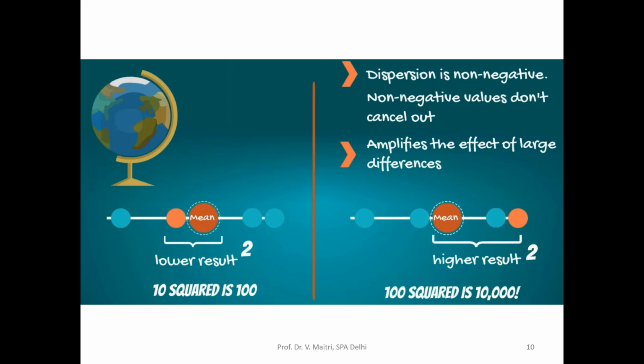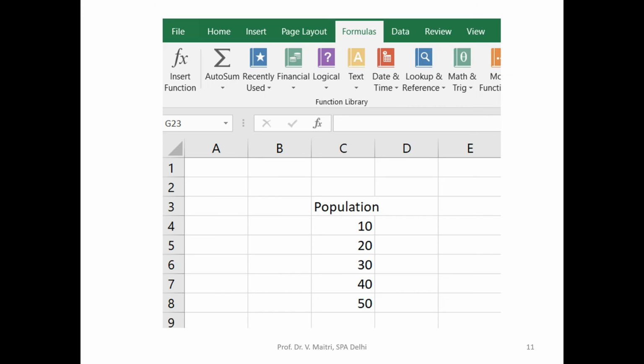With deviations, you have seen that some values cancel each other, but when we square them in the variance, all values become positive, so the effect becomes very high. 10 squared is 100, which is a lower result, but 100 squared is 10,000. That is the impact of dispersion when variance squares the values. But in the formula, we have seen the difference between the two.